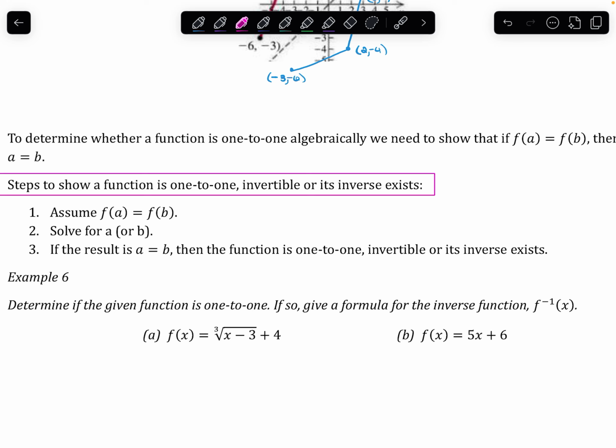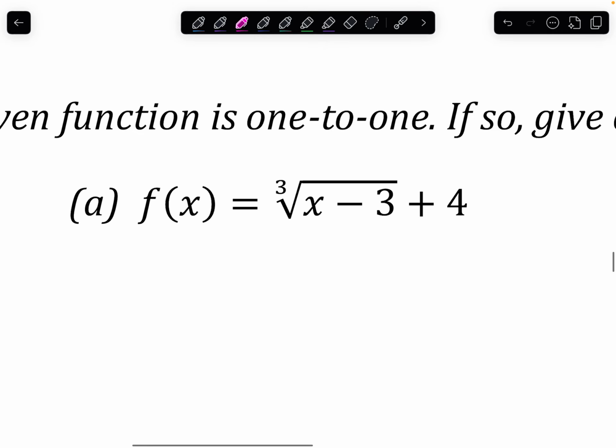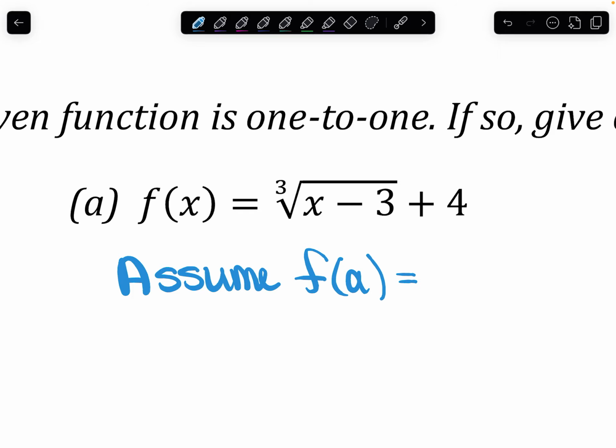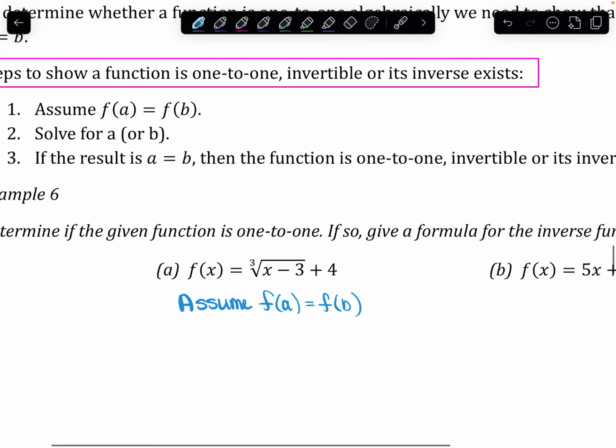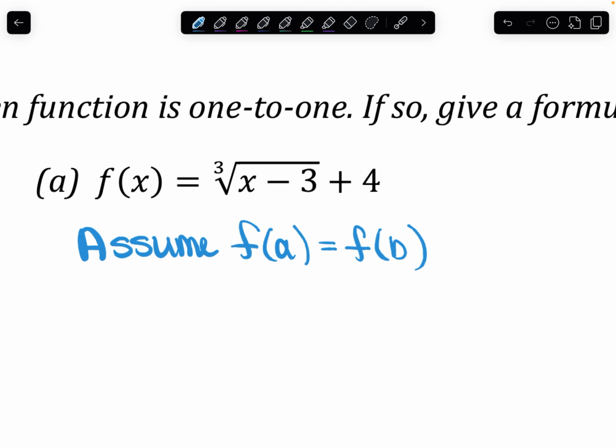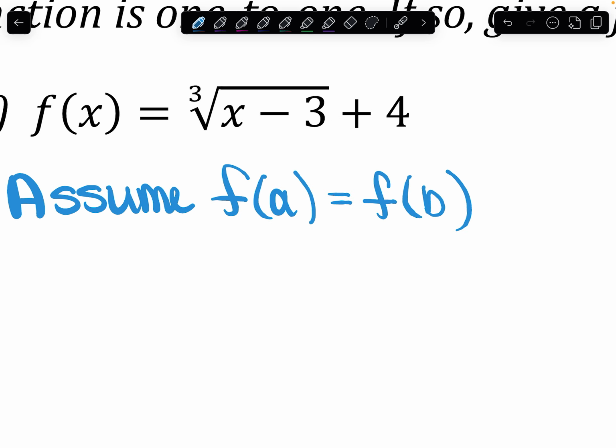Okay. So first one, determine if the function is one-to-one. If it is, then we'll find the inverse, but we got to do one-to-one first. So it says to assume f of a equals f of b, right? So I'm going to assume f of a equals f of b. Then I need to calculate those. So f of a means to plug in a for x.